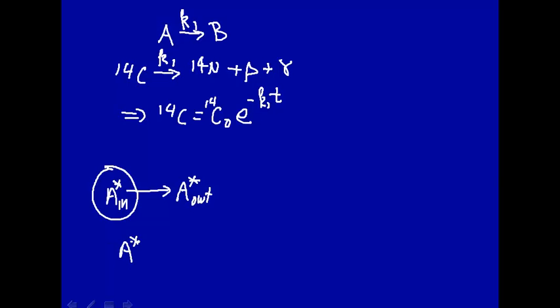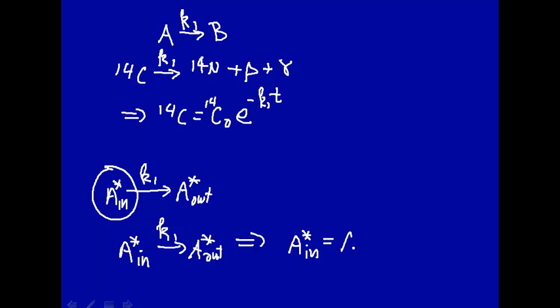The radioactive tracer goes one way, only one step here, K1, goes to out, which, because this is a unidirectional, one-step, first-order reaction mechanism, we can write that the concentration of the radioactive tracer inside varies with time as the initial concentration at time equals 0, e to the minus K1t.